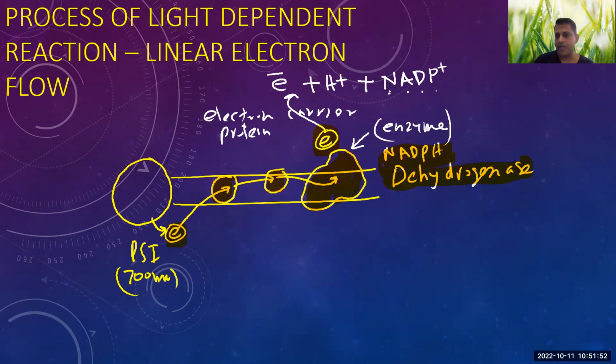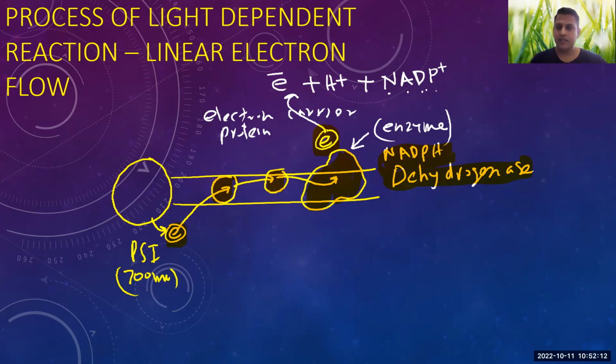This acts as a cofactor. We learned about enzymes and cofactors. This molecule, NADP, acts as a cofactor, and together with these enzymes it is involved in the reaction.